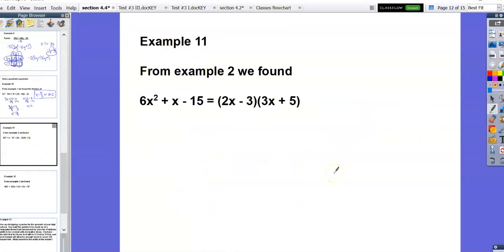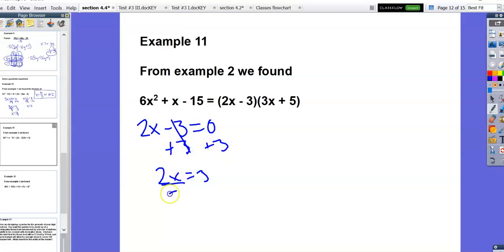Same here, we already factored 6x squared plus x minus 15, so we're just going to set each term equal to 0 and then solve. So the first solution is that x equals 3/2.